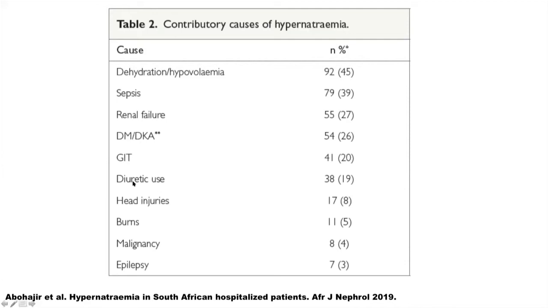And I just want to point out to you here, diuretics represented roughly 20% of patients, a contributory factor. And these conditions were not mutually exclusive. Many of them occurred, one or two or three risk factors were present in the same patient.